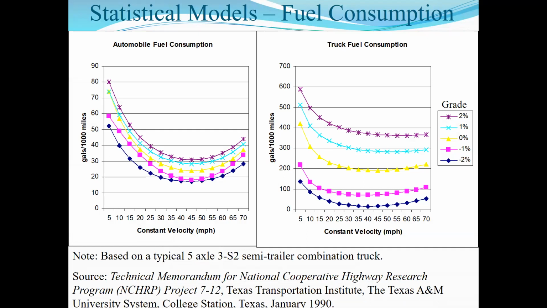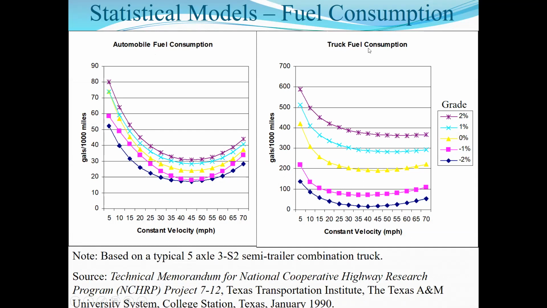But if you're looking for some statistical cost models, you can just look for some data from certain semi-trucks that were running at different velocities, and then you just estimate how much fuel they were using per 1,000 miles traveled. So you can see the speed of 45 miles per hour basically provides the least amount of cost, and so on and so forth.